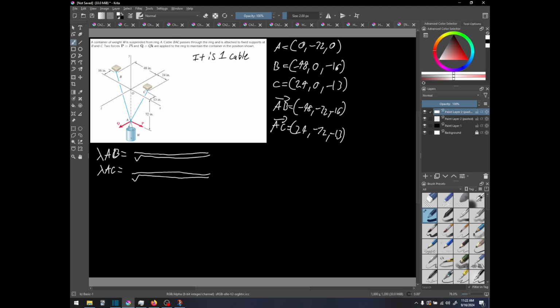And now all we do is we write on top of this the vector. AB is negative 48 i hat minus 72. Well, is j hat negative? If j hat's negative, then it would just be flat out 72. But I think I'll leave it as negative 72.